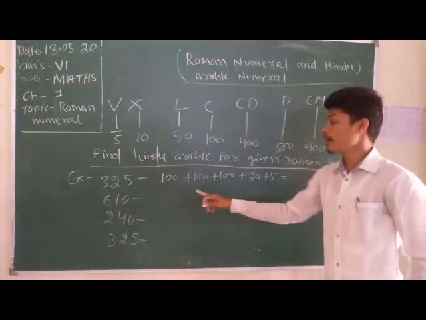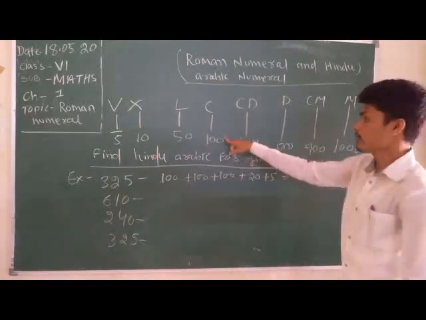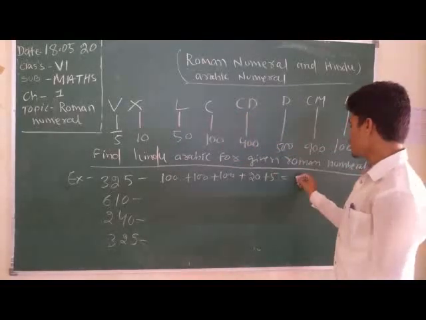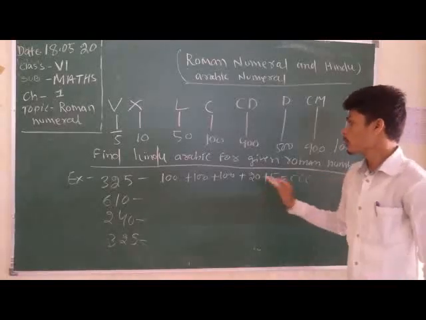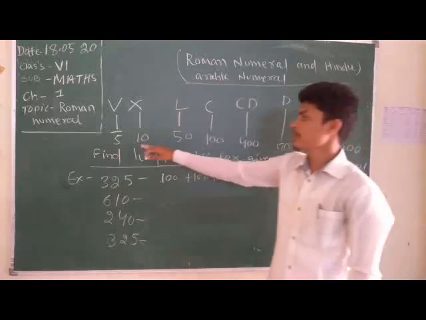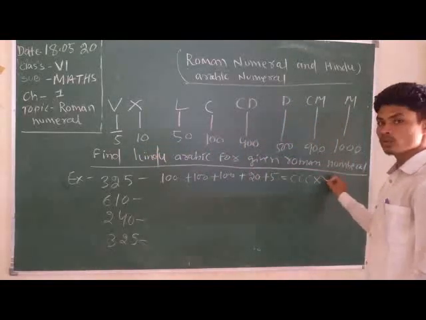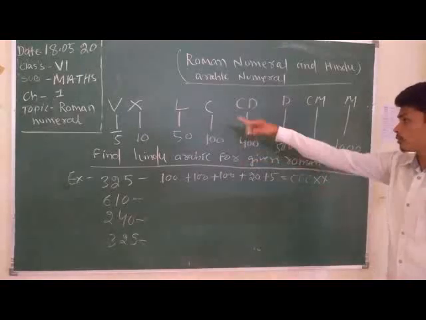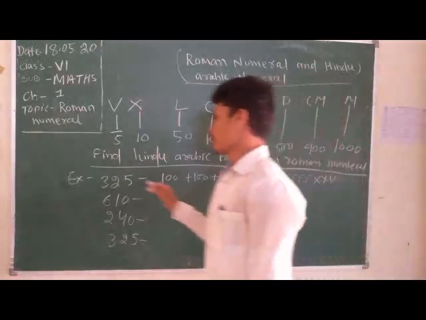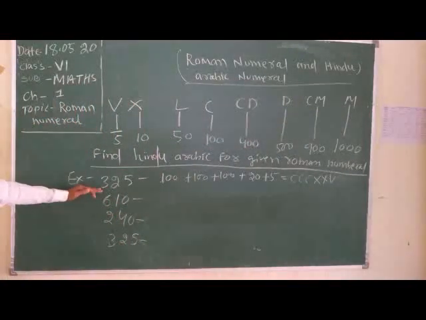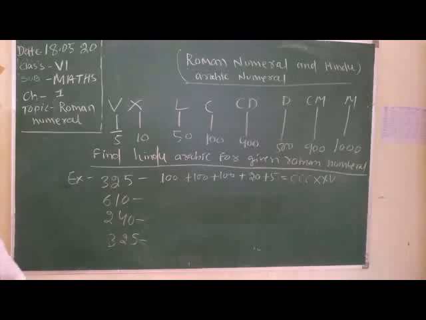Then 100 means C, so you write it 3 times. 20 equals 10 twice, so 2 times X. Then 5 equals V. The Roman numeral for 325 is written as CCCXXV. Clear?